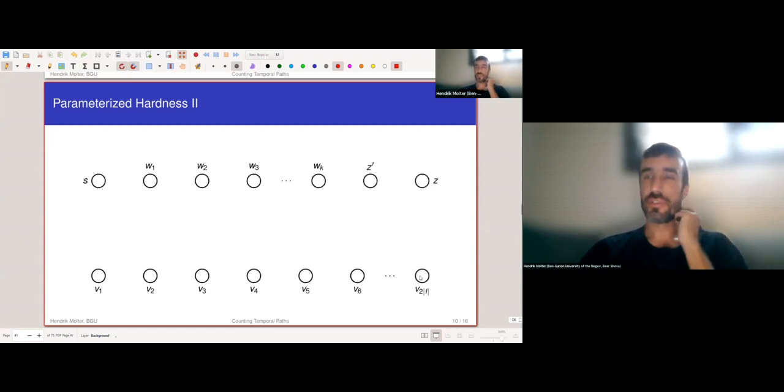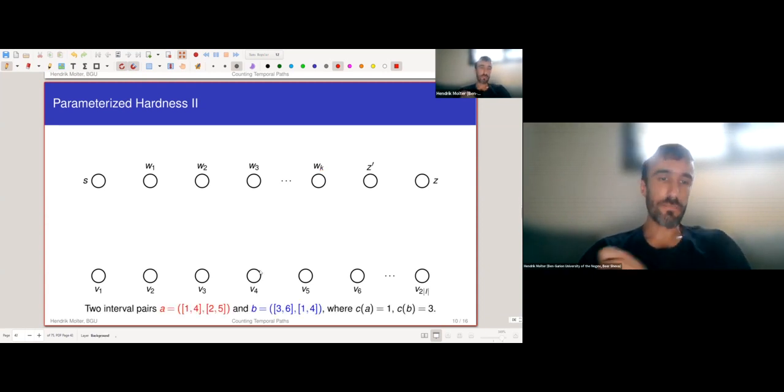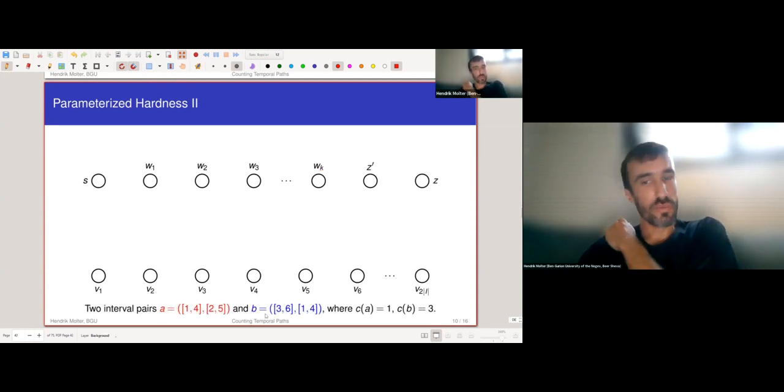And then we introduce some auxiliary vertices, and these W vertices are exactly k, where k is the number of colors. Then we just add a start vertex S, an intermediate vertex Z', and our destination vertex Z. And now for this example, I want to consider two vertices that each have two intervals.